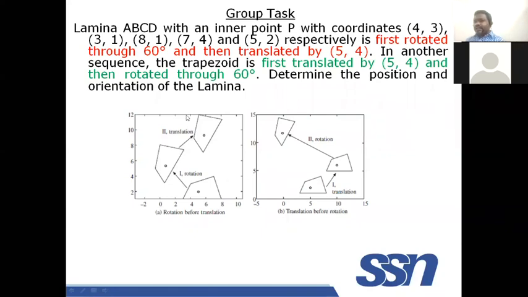Okay, if you look at this particular picture, this is case A. So A, B, C, D, whatever it is, according to the given condition, you can fix A, B, C, D and you will have a lamina A, B, C, D. This is the intermediate point P. Okay, first it is rotation, means with respect to the origin, you have to rotate it from here to here.